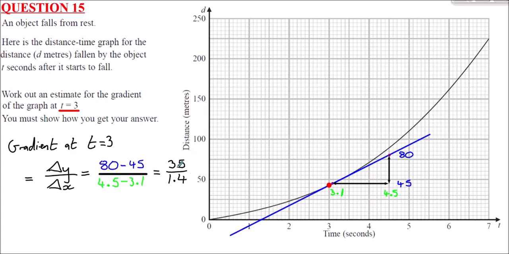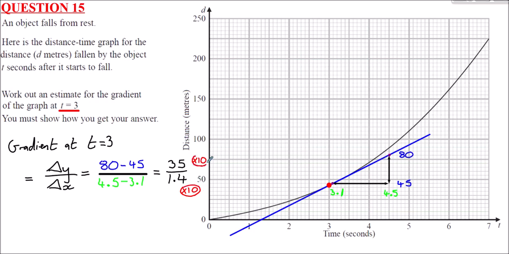Now this looks a fairly awkward fraction to deal with, but actually if you get the decimal for a second, 35 and 14, these are both multiples of 7. So depending on what numbers you get, you might be fortunate enough to get simpler numbers. I'm just going to show you what to do if you get some awkward numbers like this. I would suggest to multiply by 10 to get both of these numbers whole.